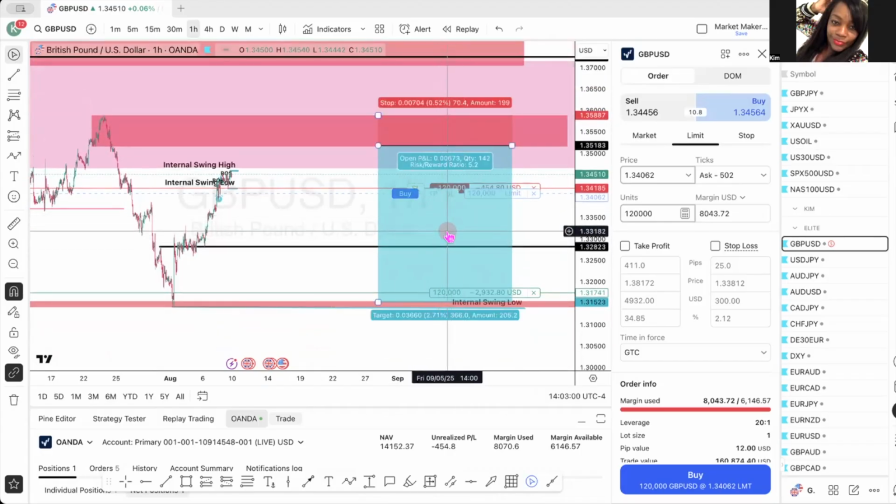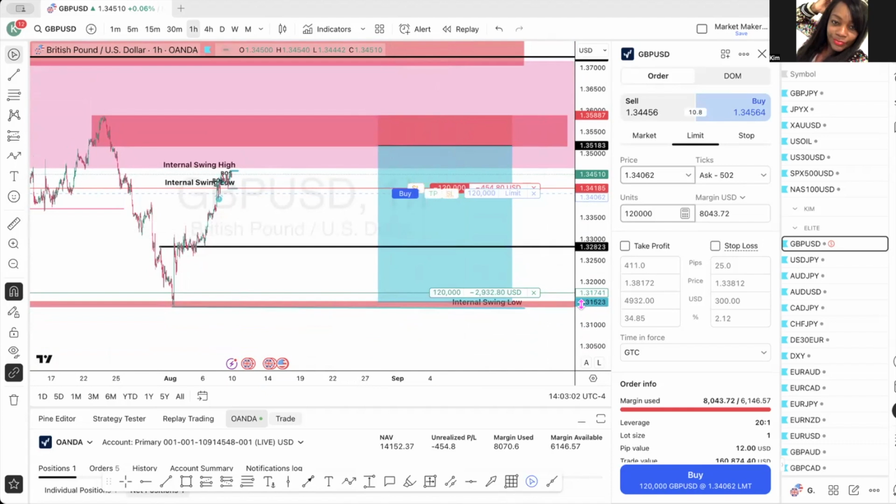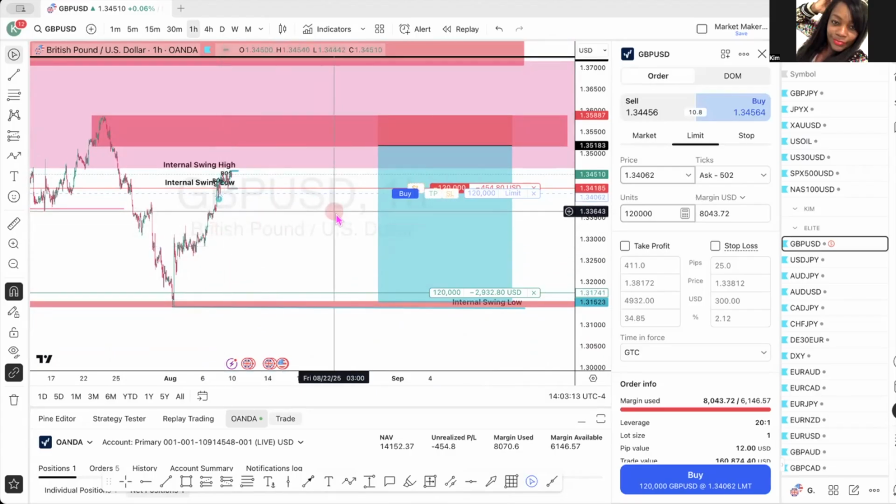Because this is in blue, the take profit should be right here in blue. So if I send a chart and I don't put the numbers on there, you should be able to look at it from here and get the pricing. Does that make sense?